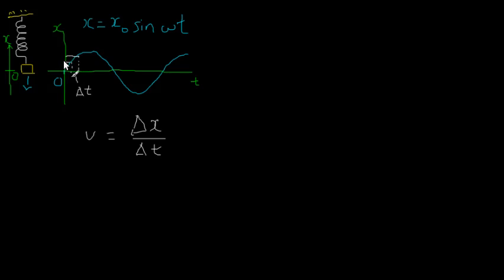This is the change in x when the time changes by a short amount. And the change in x over the change in time on the graph is simply the gradient of this part of the graph over this short time interval. That is why the gradient of the displacement time graph is the velocity.